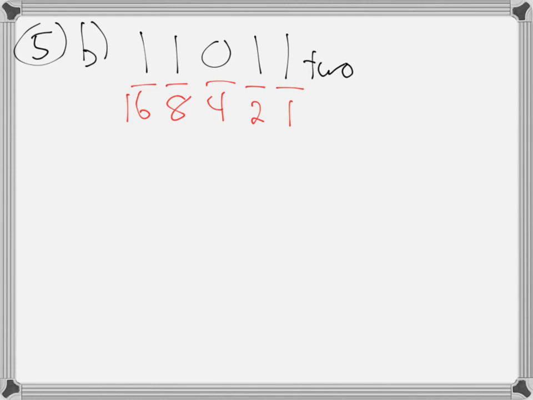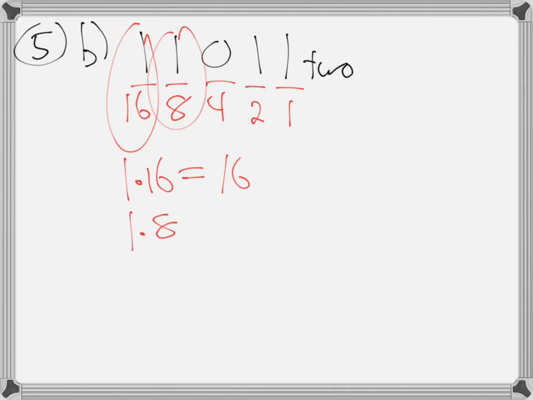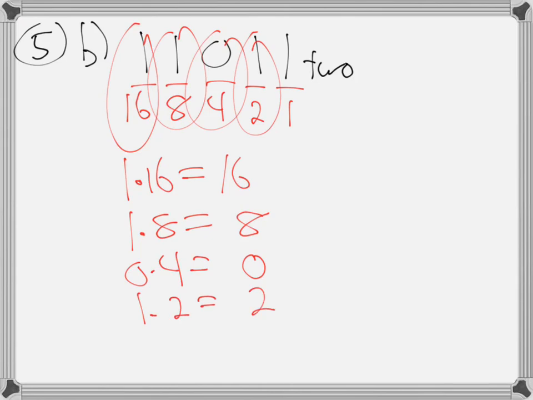So does it make sense first off how I did the base place value? Start at 1, times 2 every time, right? So 1 in the 16's place, that's just 16. 1 in the 8's place, that's just 8. Nothing in the 4's place, that's just nothing. 1 in the 2's place, that's just 2. And 1 in the 1's place, that's 1.